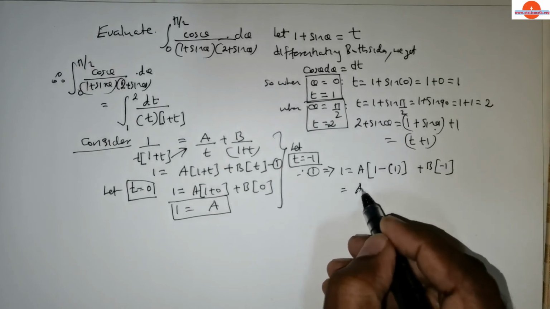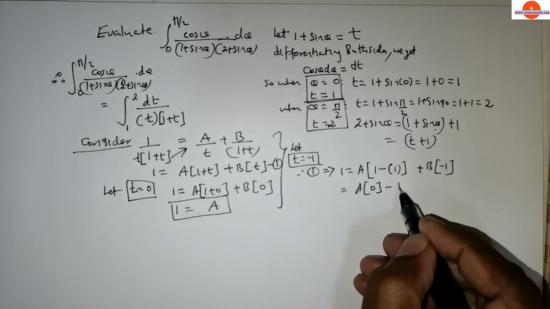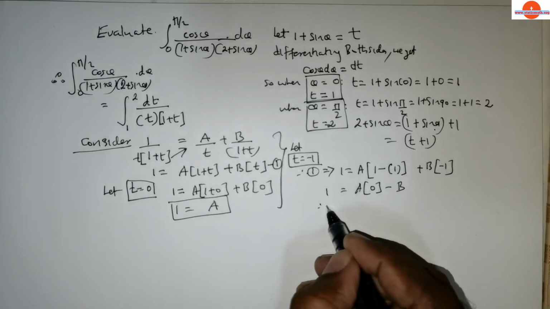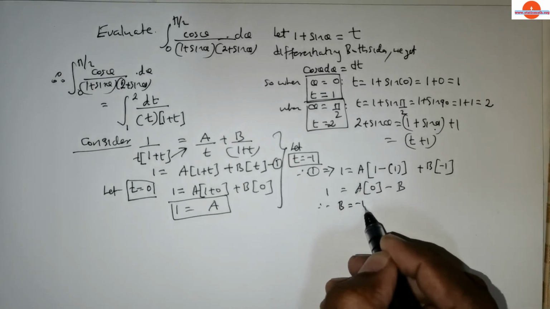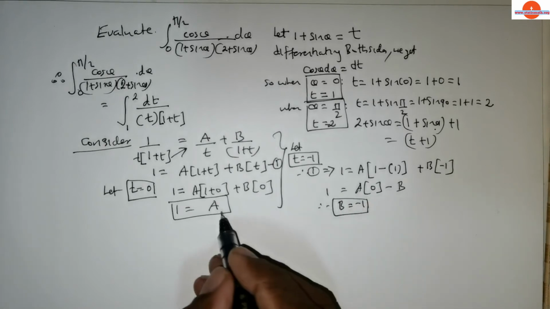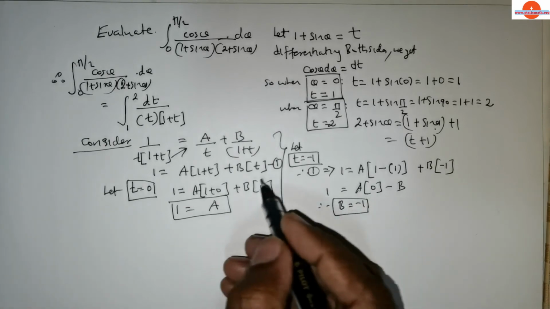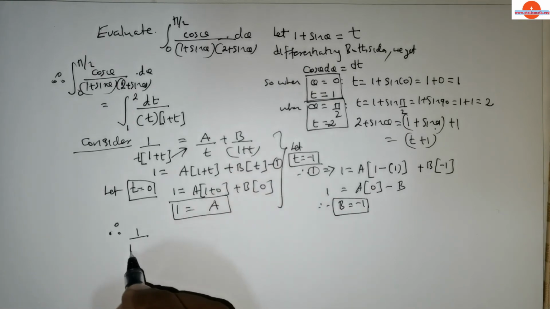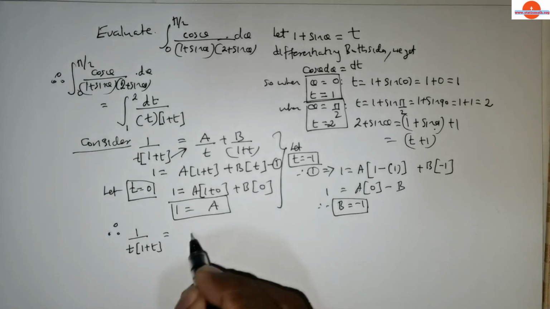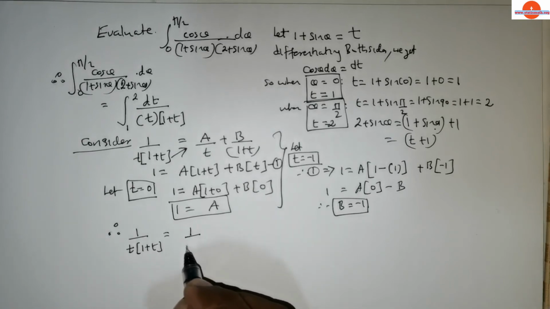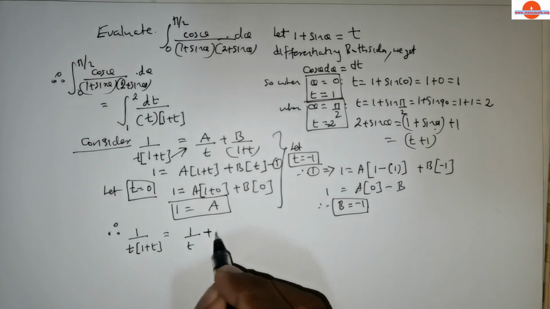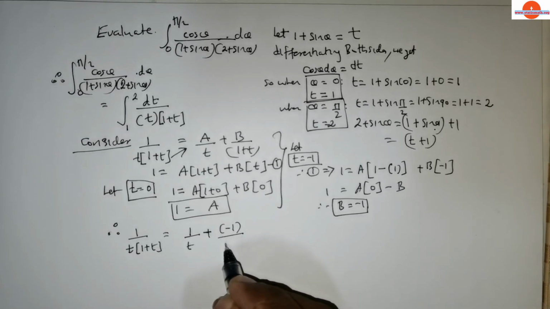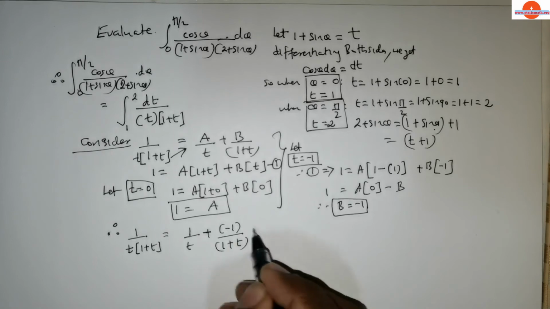This will give me a of 0, negative b is equal to 1. So therefore b is equal to negative 1. So I've got the value of a, I've got the value of b. Therefore 1 divided by t times (1 + t) is now rewritten as 1 over t + negative 1 over (1 + t).